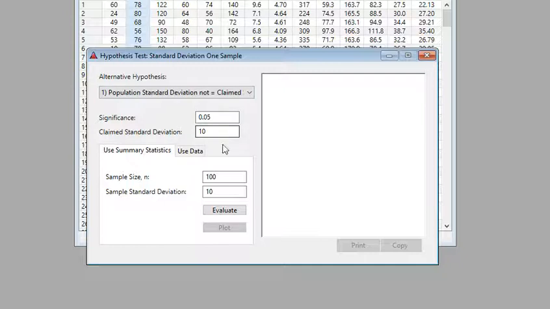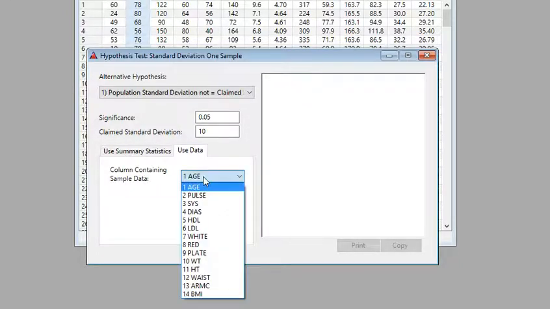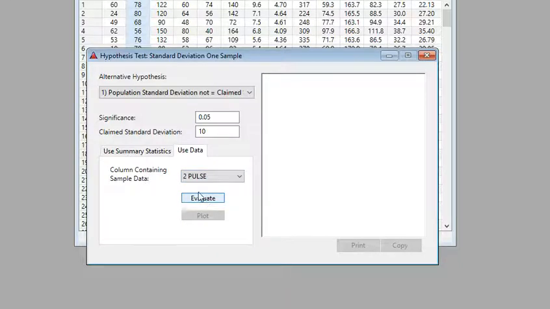Claim standard deviation is 10. And we're going to use the data. So click use data. Data is in column 2, and then evaluate.